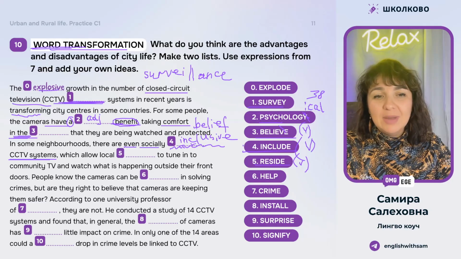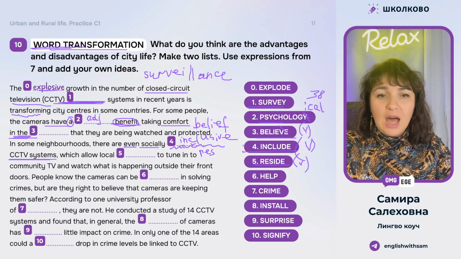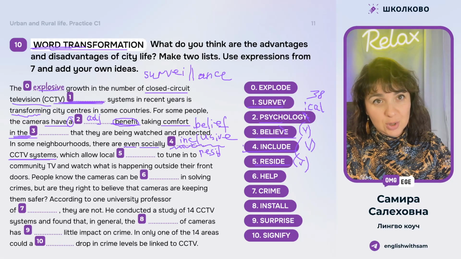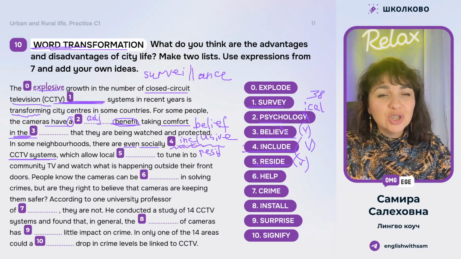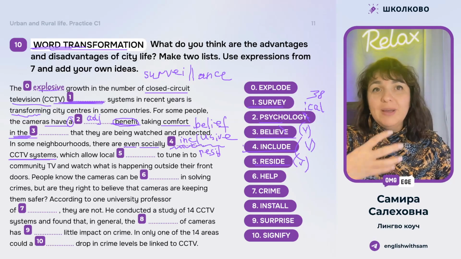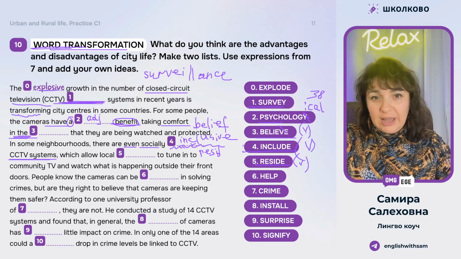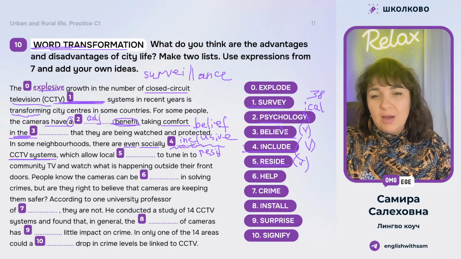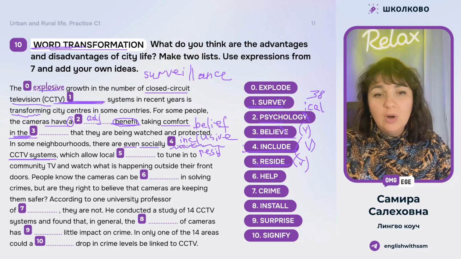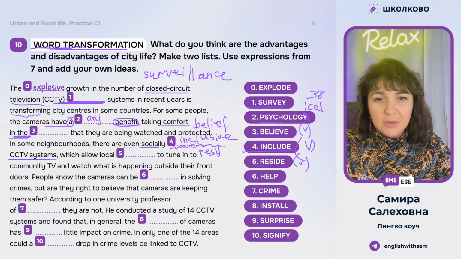Когда мы образовываем существительное, нам нужно в обязательном порядке спросить себя, единственное у нас число или множественное число? Потому что столько ошибок из-за того, что ребята понимают, что нужно существительное, преобразовывают правильно, но забывают добавить S. Ну, такая вот мелочь, такой нюанс.